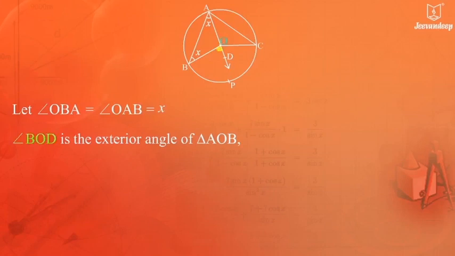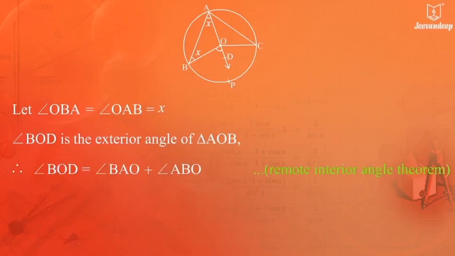As angle BOD is the exterior angle of triangle AOB, according to remote interior angle theorem, angle BOD equals angle BAO plus angle ABO equals x plus x. Therefore, angle BOD equals 2x.